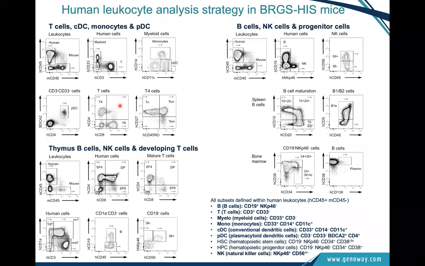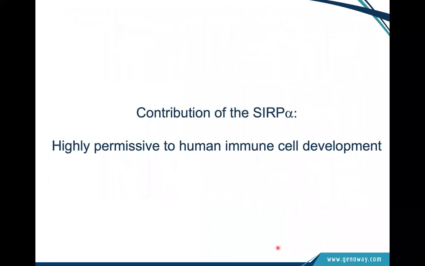I'm not going to go through the whole panel, but if you want to know tomorrow how we identified myeloid cells or cDCs, we have the panel which we use here. So first, we said that we have a SIRP-alpha which is able to interact and to trigger a don't eat me signal upon interaction with human CD47.